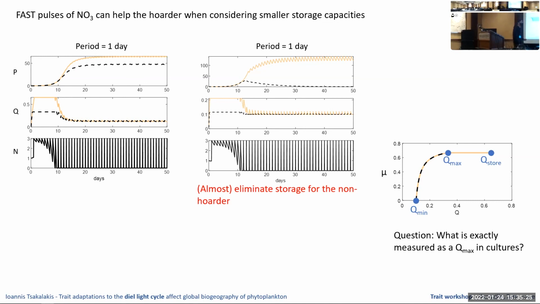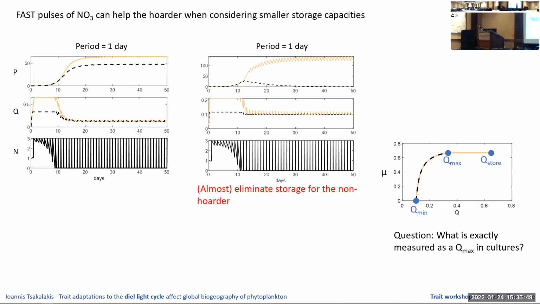So my question is, what is exactly measured as a Qmax in cultures? Does the Qmax only include nutrients that are ready to become biomass really fast? Then in that case, it will be something like this, and this would represent lipids or carbohydrates.